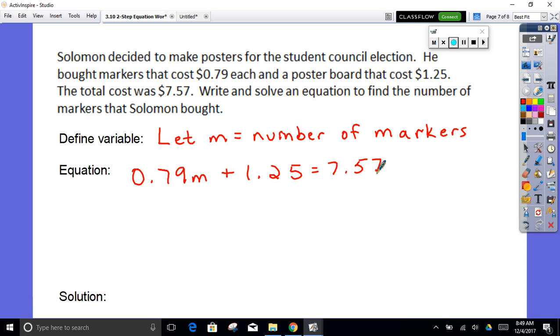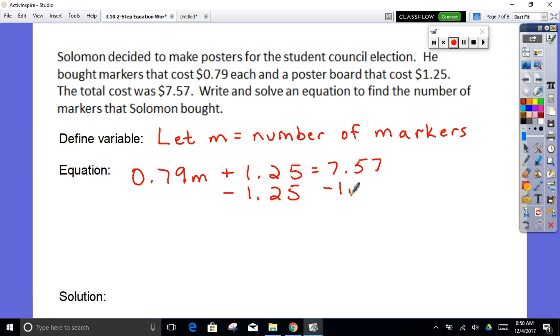Okay, Devin, can you solve it for us? 1.25 minus 1.25 equals 0. Wait a second, before we do it, we have to do it to the other side too, so let's make sure we show all that first.